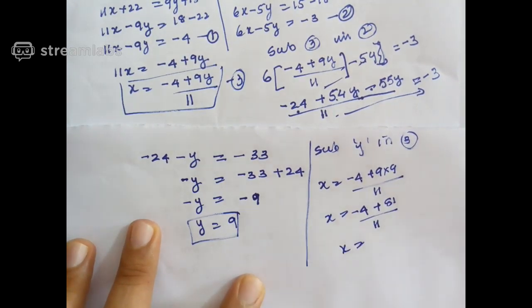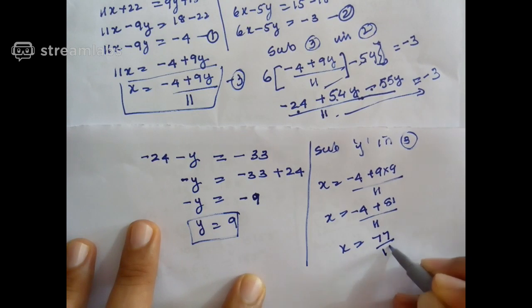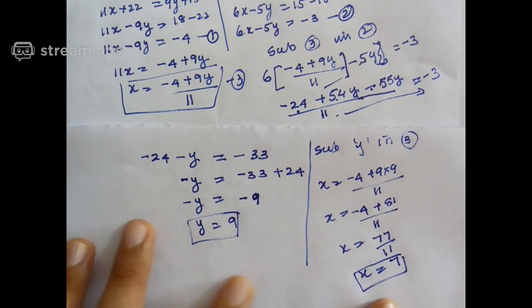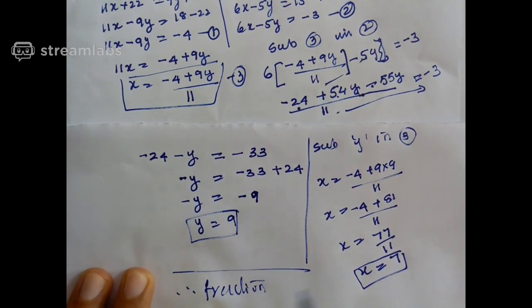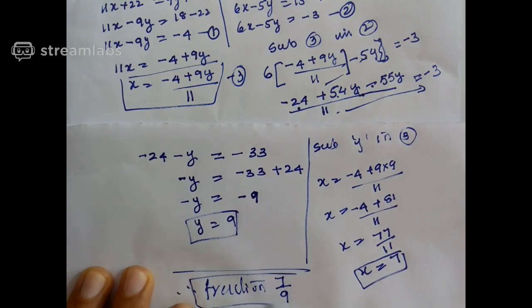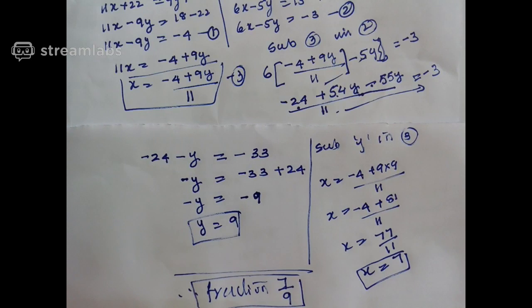X is -44 plus 81, which is 37 by 11... then x is equal to 7. Therefore the fraction is 7 by 9. This is the given fraction. Is it clear?